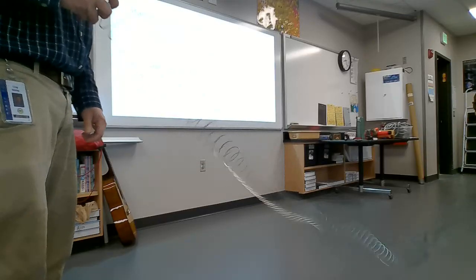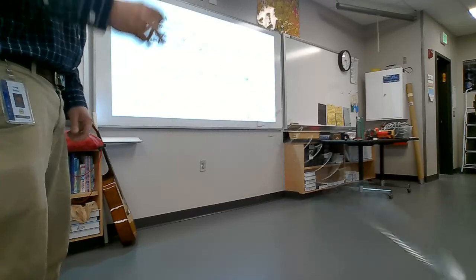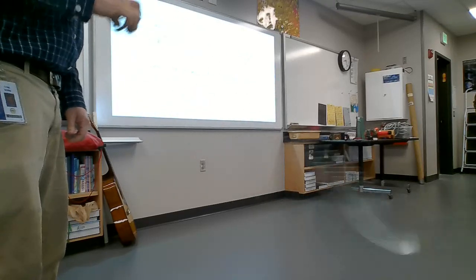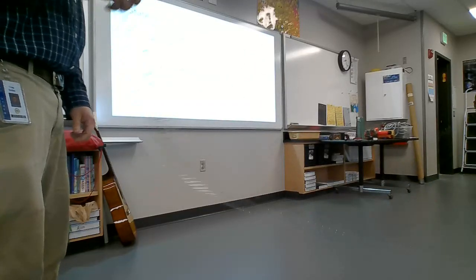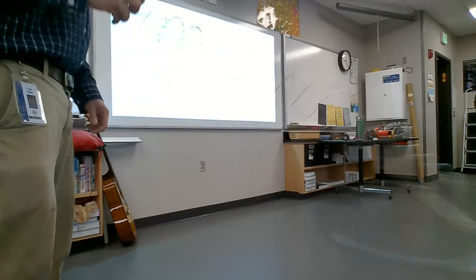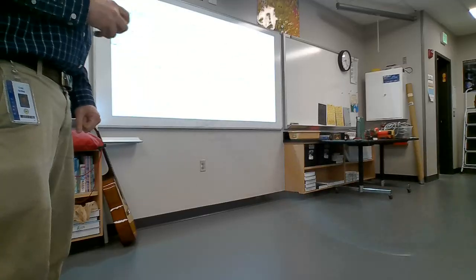That makes sense? Now, if I can shake this in such a way, what happens is I get, this is a standing wave. Some parts of this are always experiencing destructive interference.